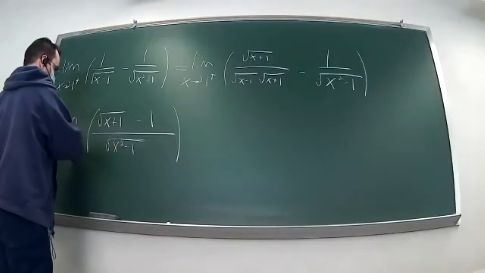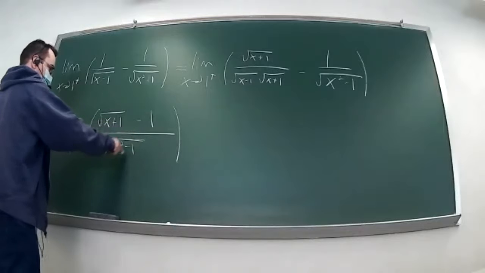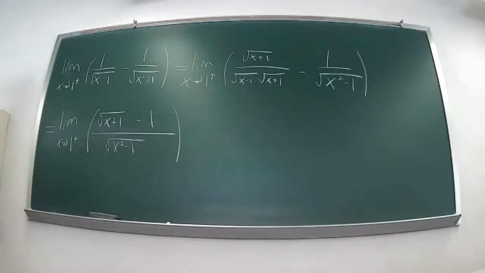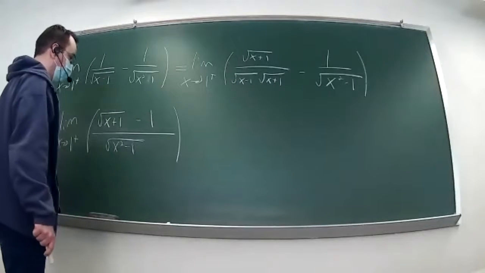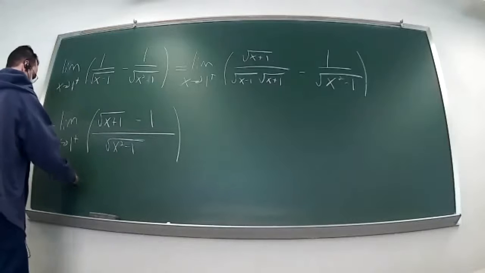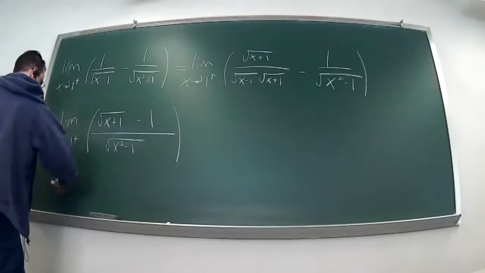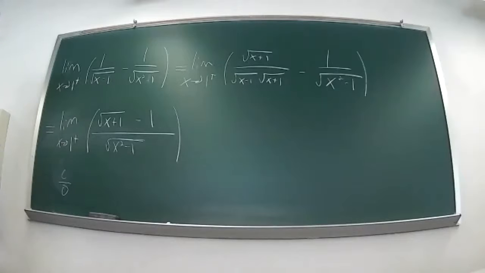And I'm going from the right, so I'm getting positive numbers that are going to 0. So actually, this is no longer indeterminate, because it's of the form constant over 0 when you plug in 1.